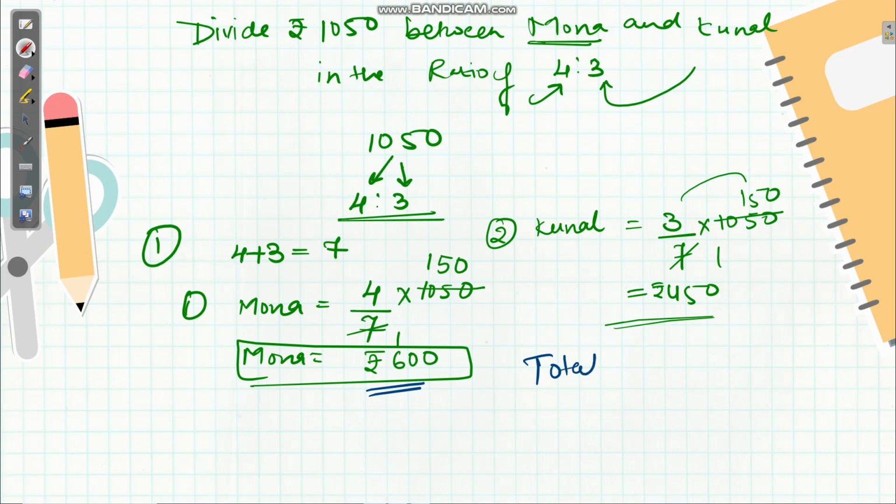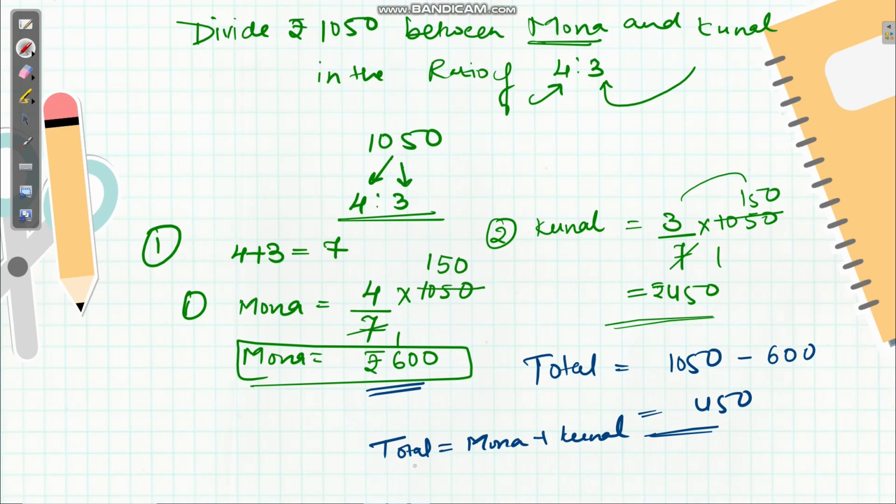The total we know is 1050. If we subtract what Mona is getting, we will get what Kunal is getting, because the total is equal to Mona plus Kunal. So we know the total, we know Mona, so you subtract it from 1050, and you will get the amount that Kunal is getting.